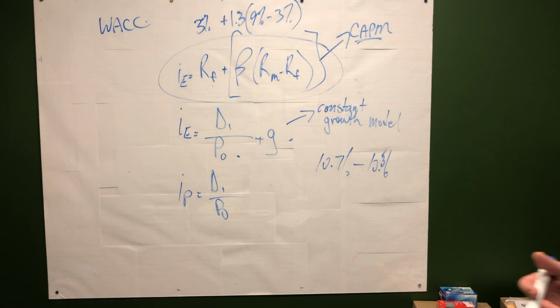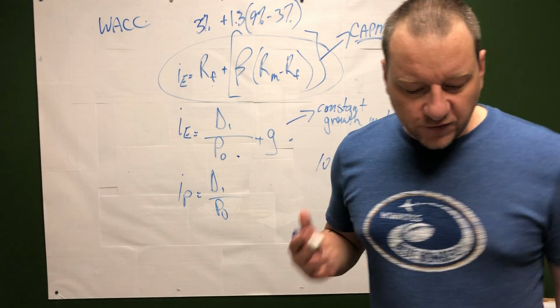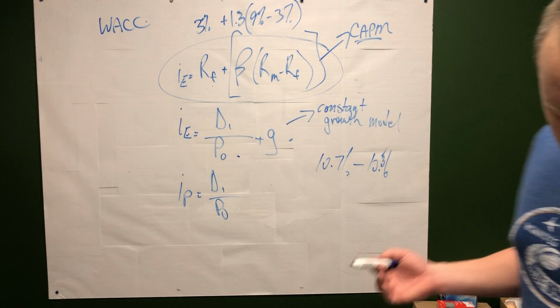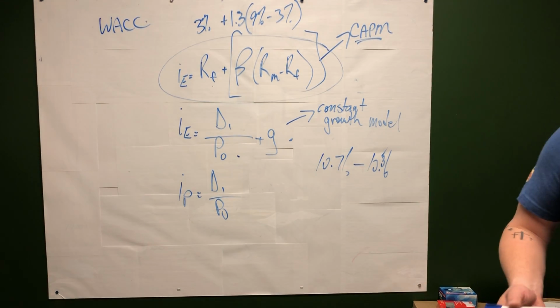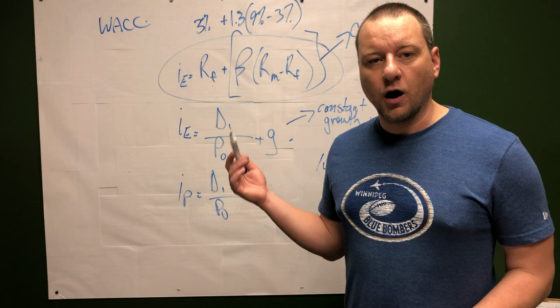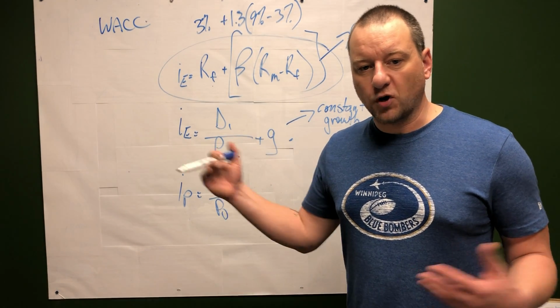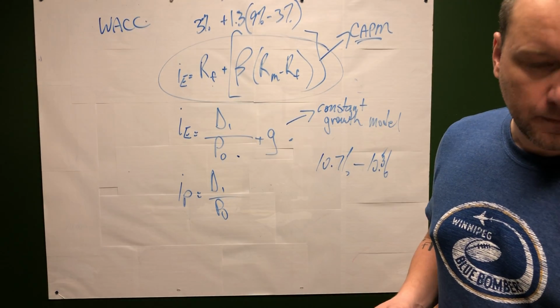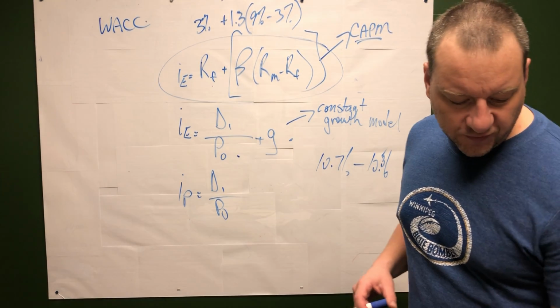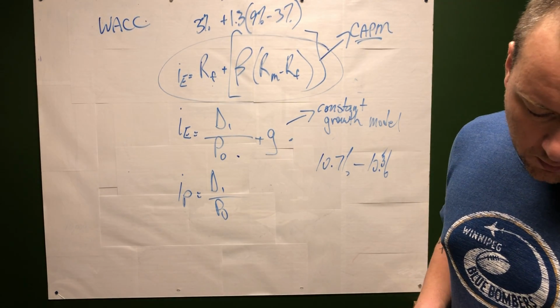To calculate the component cost of preferred stock, or preferred shares, we would use a constant growth model. We take our dividend divided by the price of our preferred share, and you can see this on page 318.